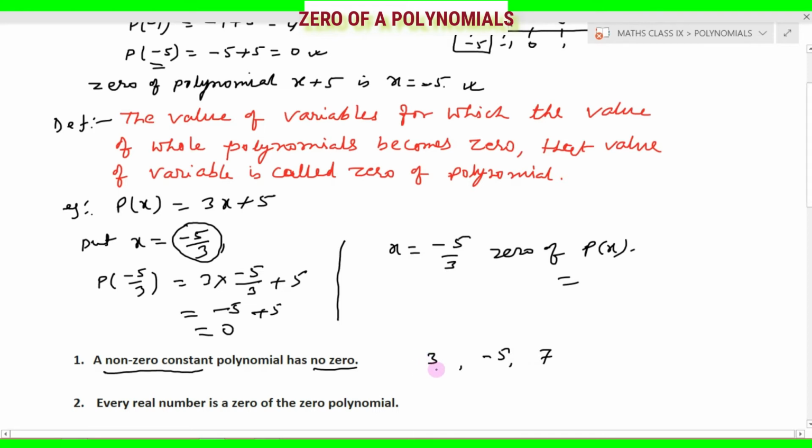If you try to find the value of the variable for which this becomes 0, it is impossible. Why? We can write 3 as 3 into x to the power 0. If you put any value of x, it can never be 0.